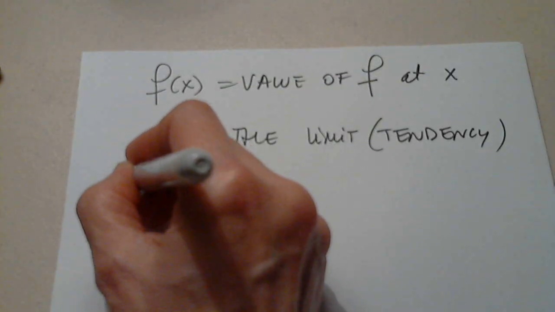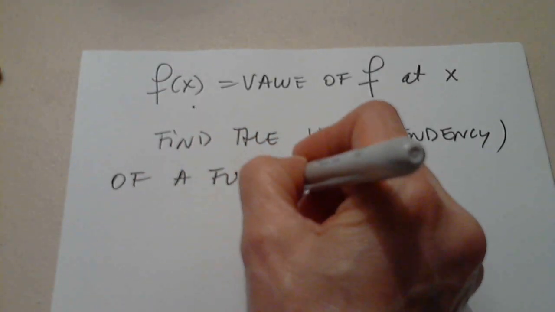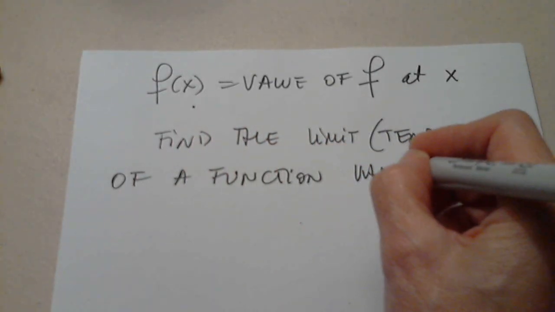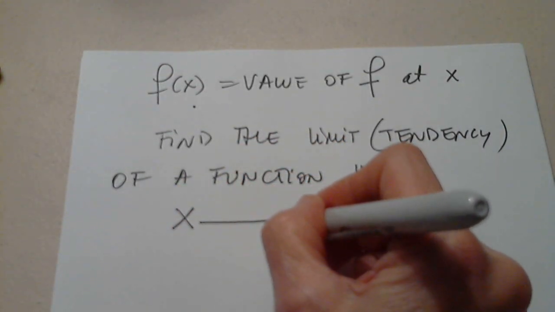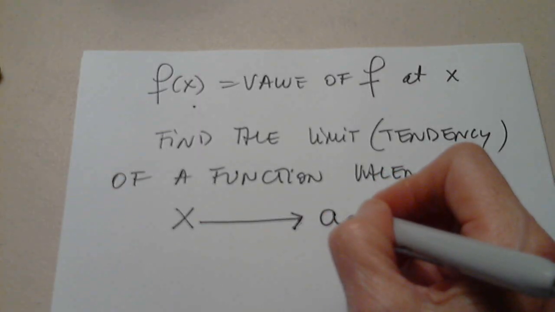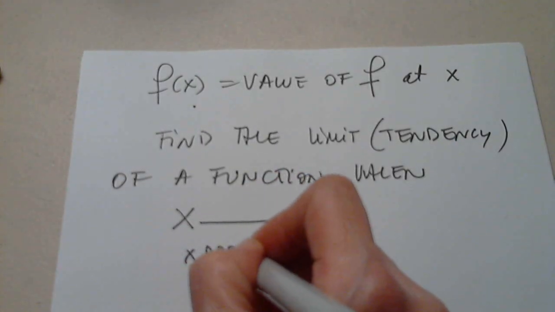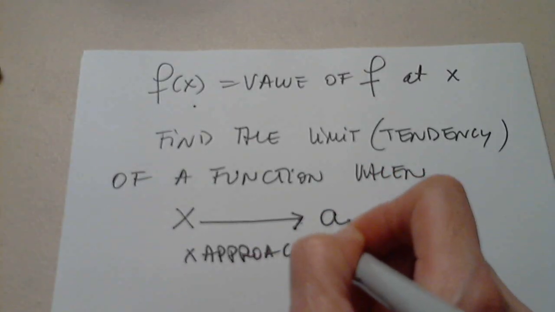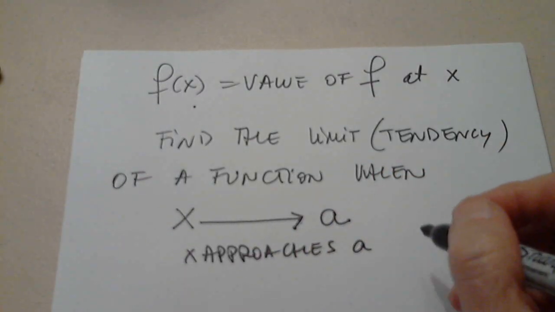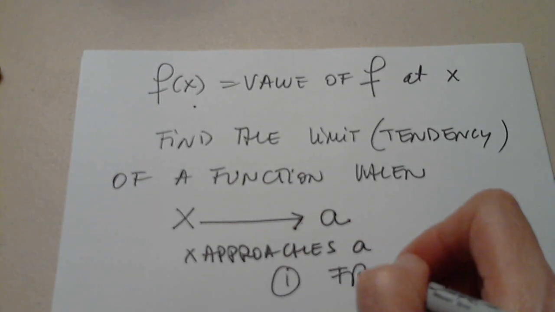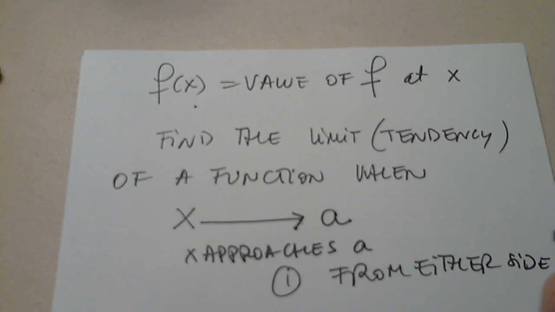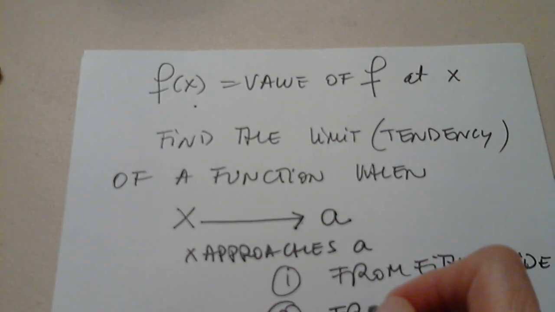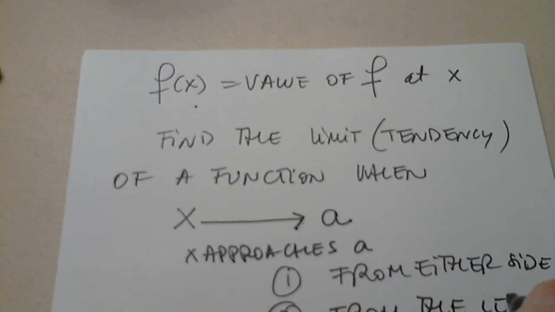The limit of a function when x approaches a number a. Number 1, from either side. Number 2, from the left. Number 3, from the right.